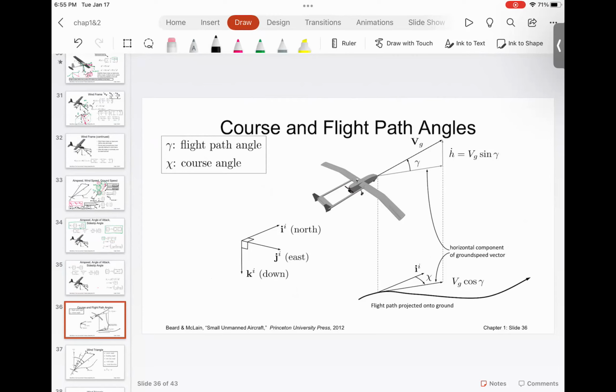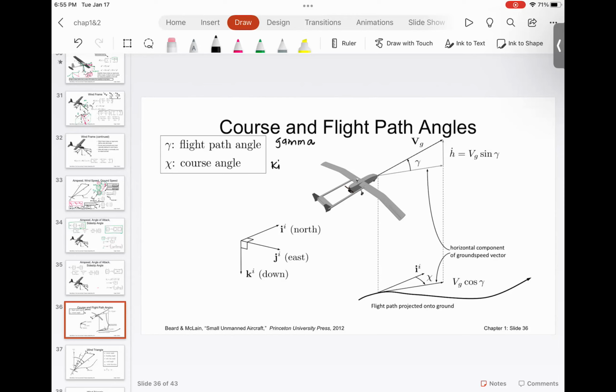The last concept in this chapter which I want to talk about is something called the course angle. This is called chi, and this is called gamma. So basically, you have an aircraft that is flying.